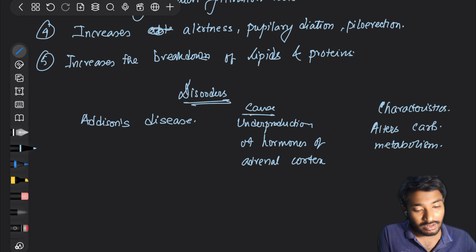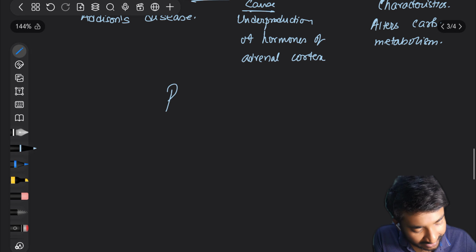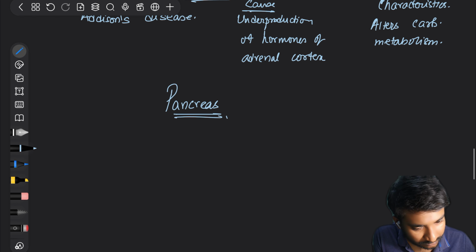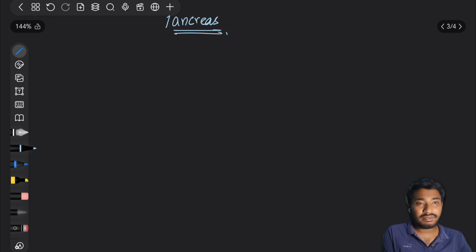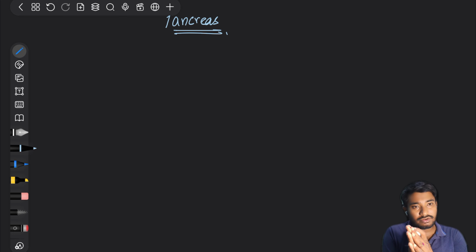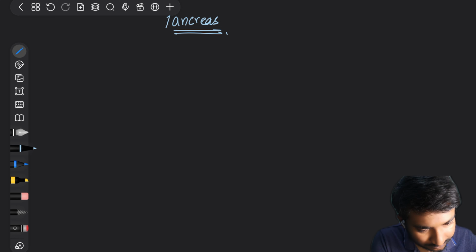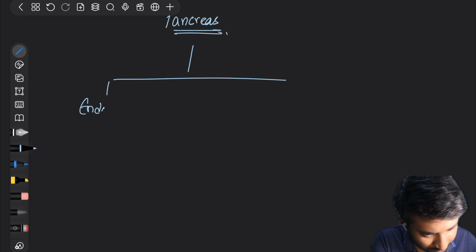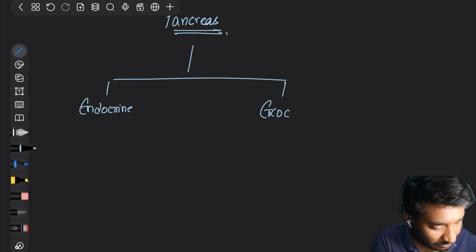Now the next one is the pancreas. Pancreas is a mixed gland. It consists of both endocrine as well as exocrine glands. Pancreas contains two parts, the endocrine part and the exocrine part.